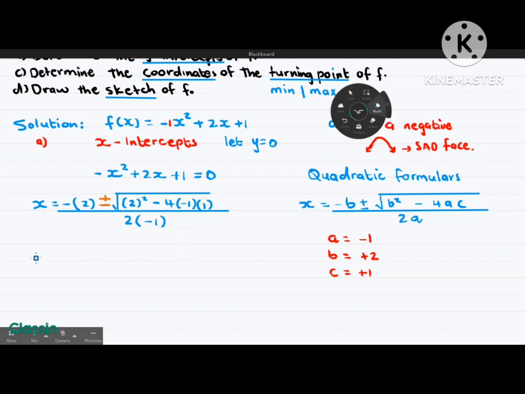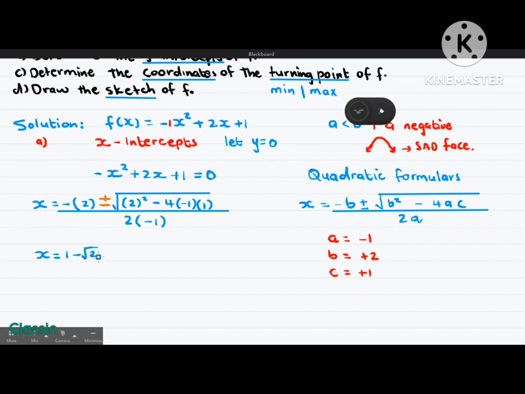Then you will realize that for the value of x, when you have used a positive sign, you get 1 minus root of 2.